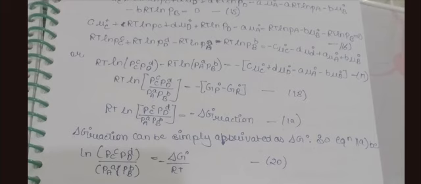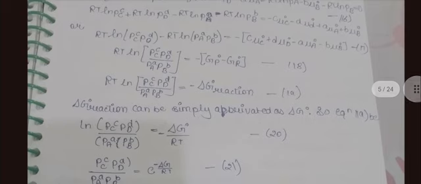RT ln Pc^c plus RT ln Pd^d minus RT ln Pa^a minus RT ln Pb^b is equal to minus C Uc naught minus D Ud naught plus A Ua naught plus B Ub naught, or RT ln Pc^c Pd^d minus RT ln Pa^a Pb^b is equal to minus bracket C Uc naught plus D Ud naught minus A Ua naught minus B Ub naught.